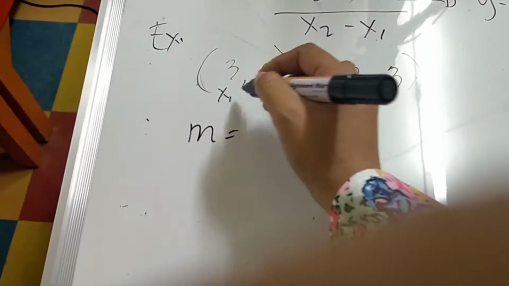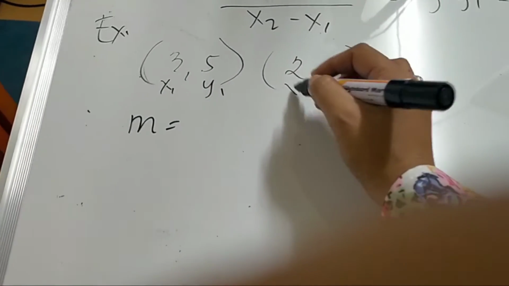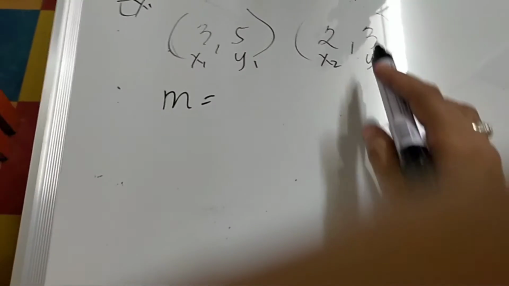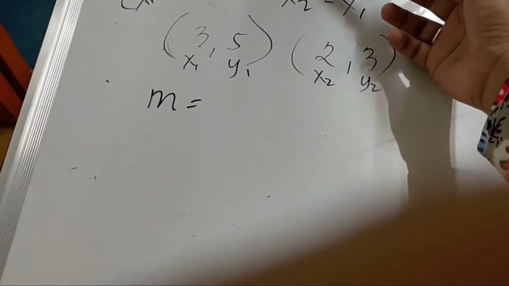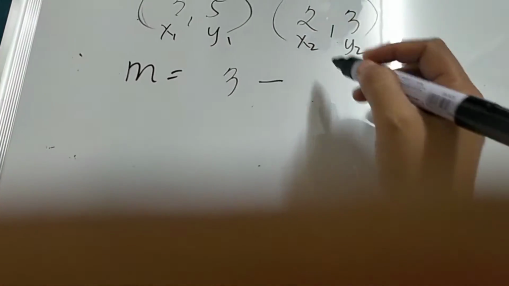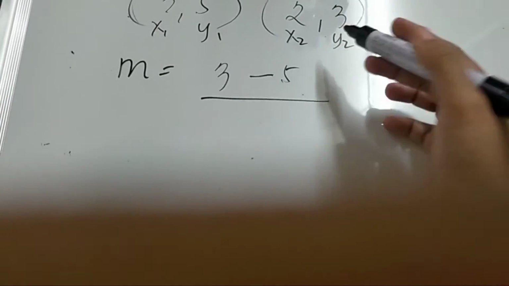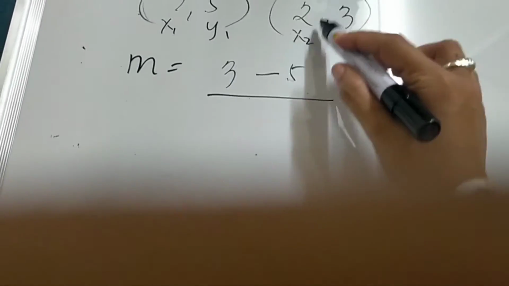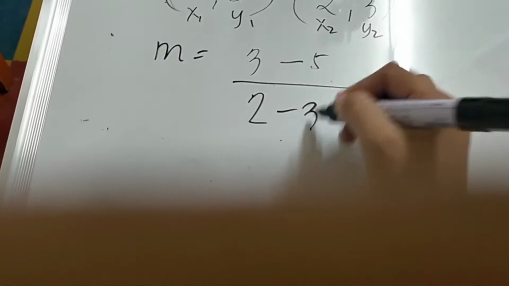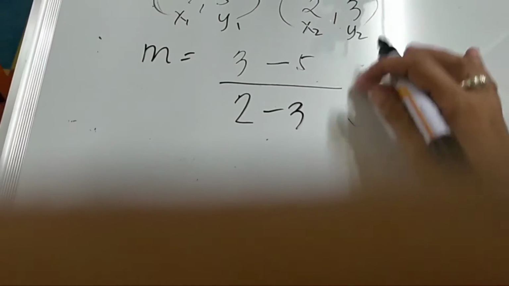So, x sub 1, y sub 1, x sub 2, y sub 2. Just substitute the value of y sub 2, which is 3, and the value of y sub 1, which is 5, all over the value of x sub 2, which is 2, minus the value of x sub 1, which is 3.